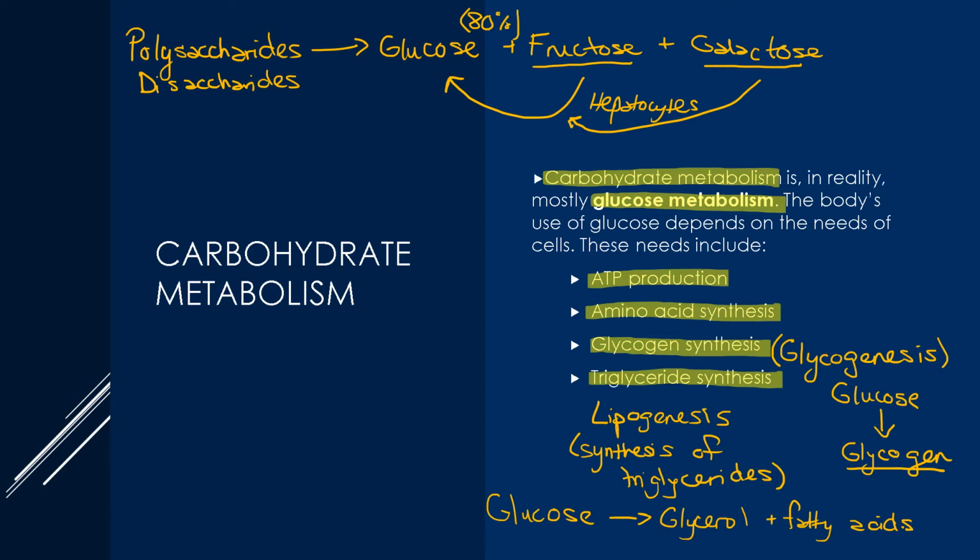Then those triglycerides are deposited in adipose tissue, that fatty tissue. Now, adipose tissue has virtually unlimited storage capacity. So if you continue to intake carbohydrates and glucose after your glycogen stores are all filled, the hepatocytes will continue to fill up that adipose tissue with triglycerides, as long as you continue to intake excess glucose.